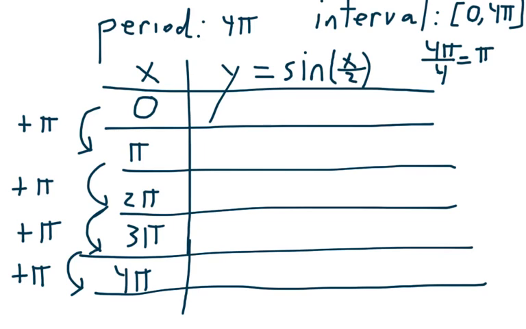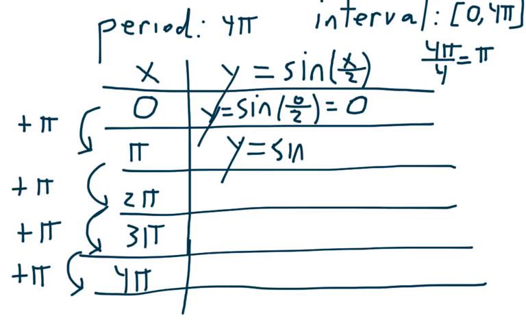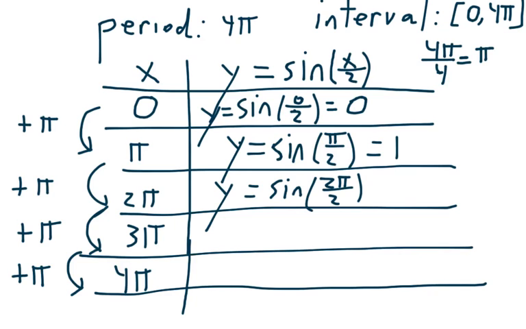Good. Okay, so at 0, we're going to get sine of 0 over 2, which as we know is just sine of 0, which is 0. At pi, so this is what y is. Here we get y, we get sine of pi over 2, and that we know is 1. Here we have y equals sine of 2 pi over 2, which is sine of pi, which is 0.